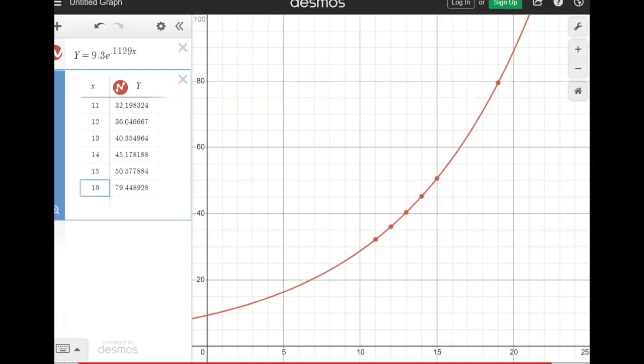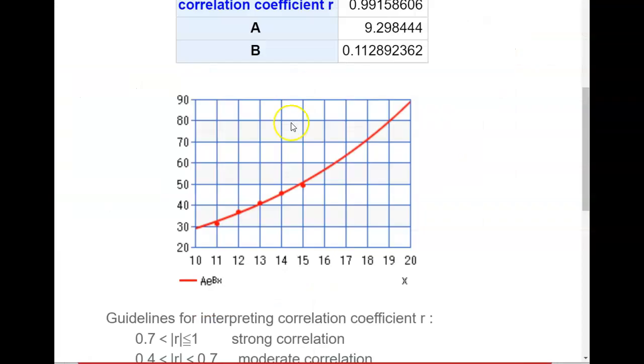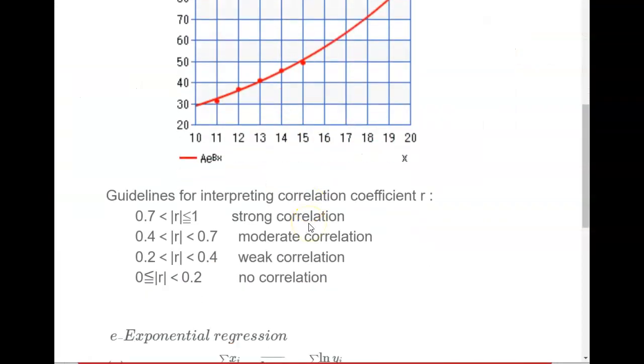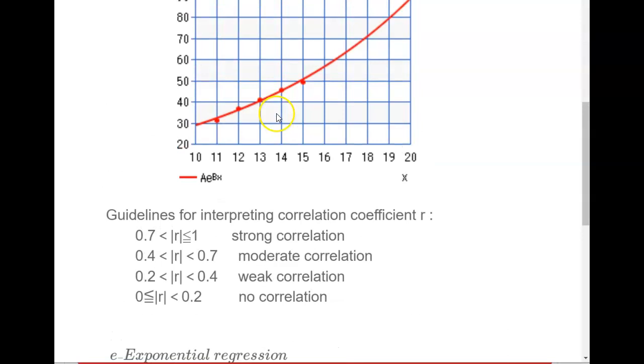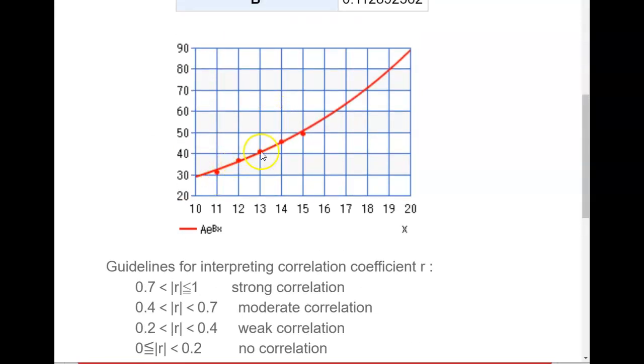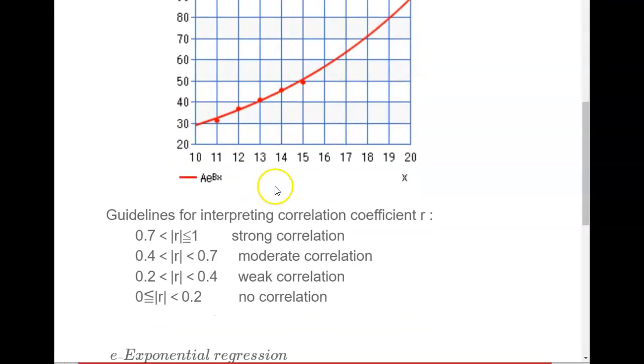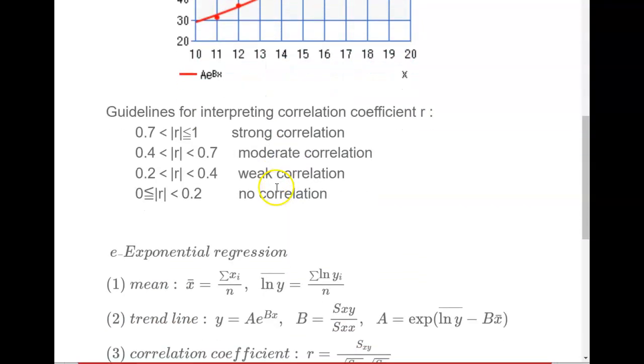Now, if you notice here on the exponential regression calculator, we have the coefficient r, and that tells us if there is a strong correlation. So the correlation tells you like how far off are the points, or if they fit nicely on the model, and if it's like a good match.